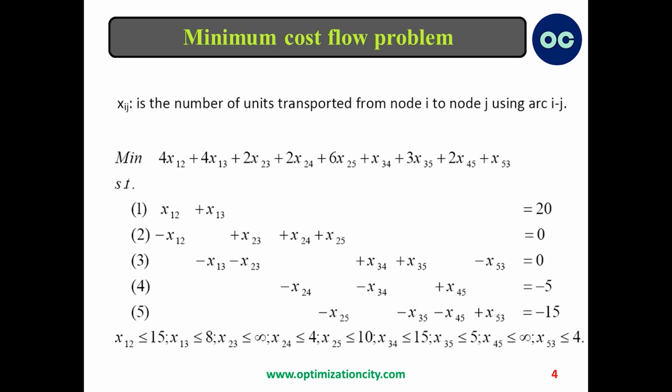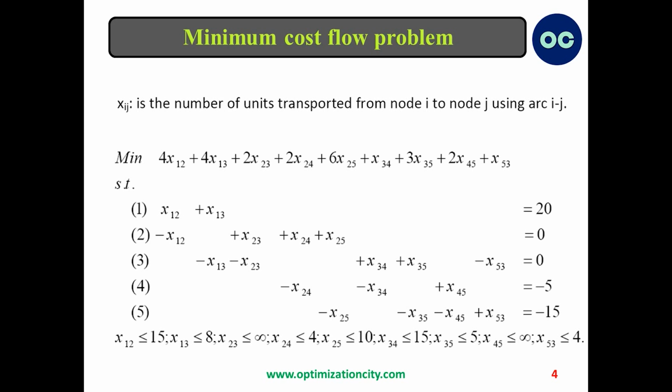The flow variables denoted xij in the balance equations have coefficients of 0, for example here, 0, +1, and -1. Additionally, each variable appears precisely in two balance equations.